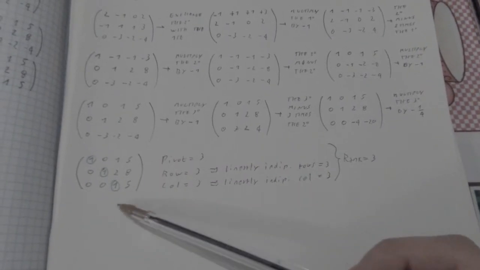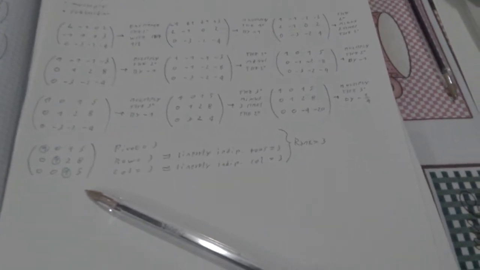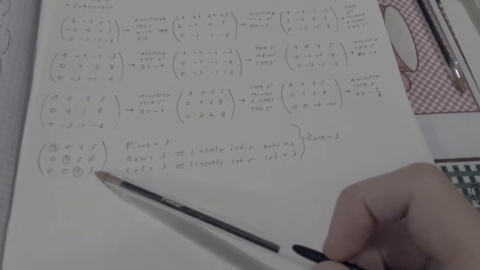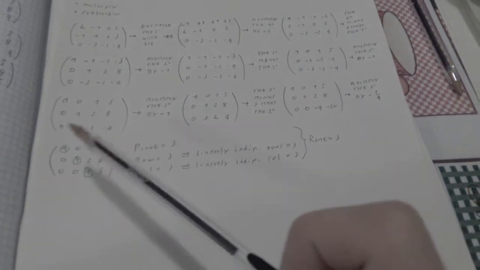But whenever you have something that has rank equal 2, and started as a 3 by 3 matrix, or 3 by something matrix like 3 by 4, it means that the rows of the matrix are linearly dependent.